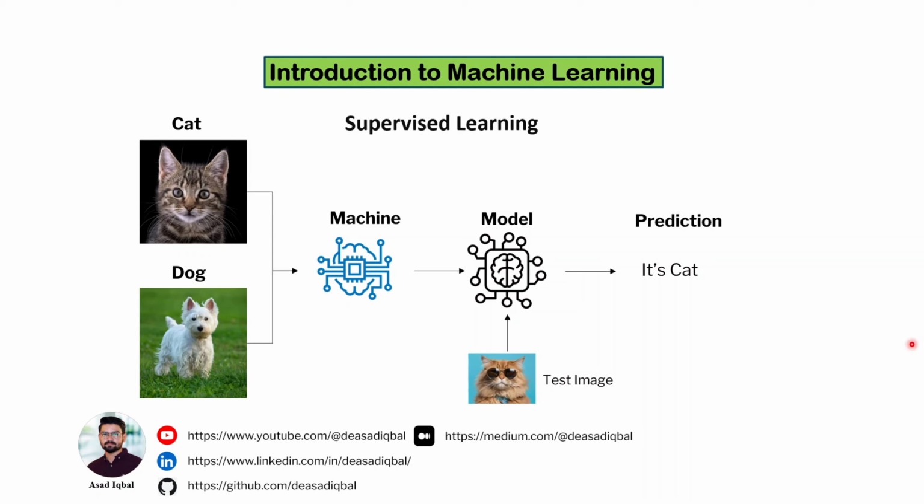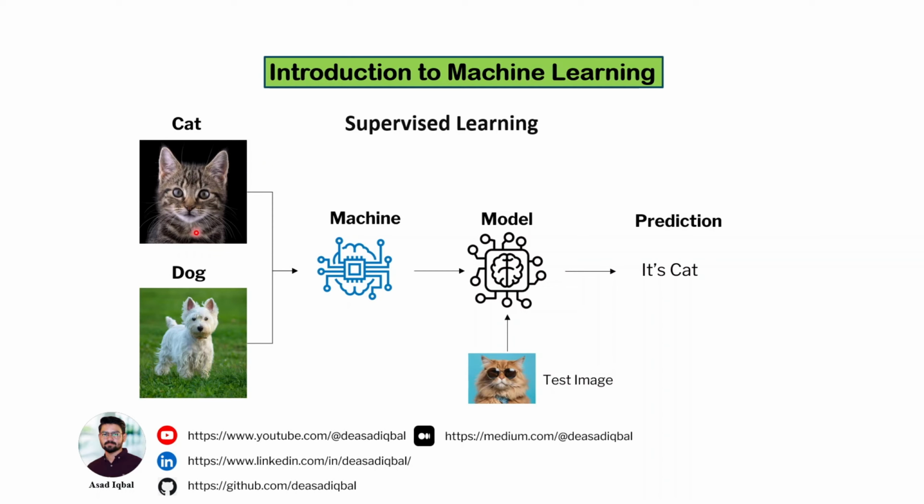So let's understand supervised learning with an example. Suppose we have an input dataset of cat and dog images. Here we have the image of a cat and we have labeled this image as a cat, and this is the image of a dog and we have labeled this image as a dog, right?